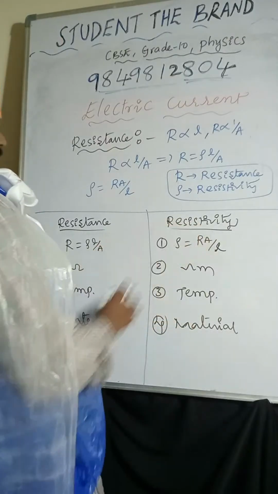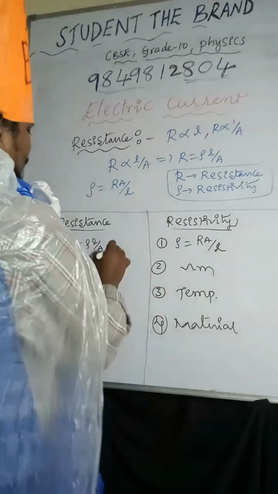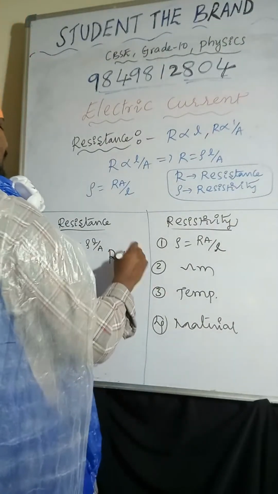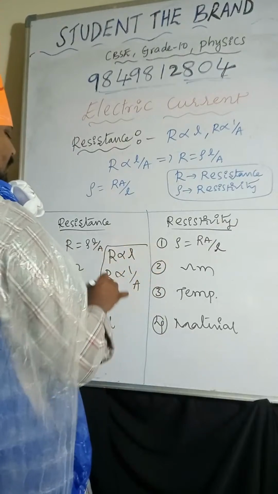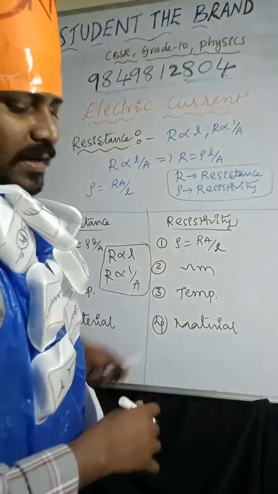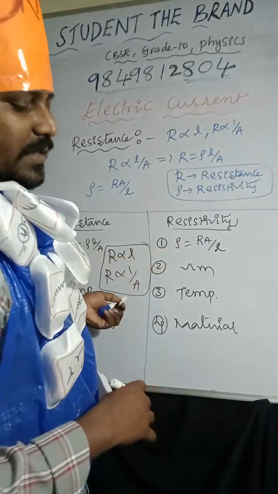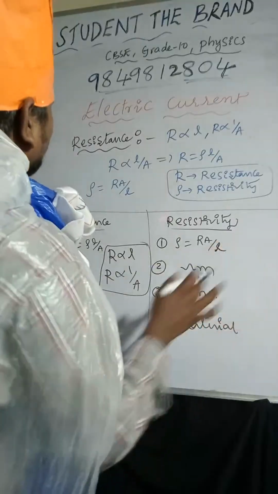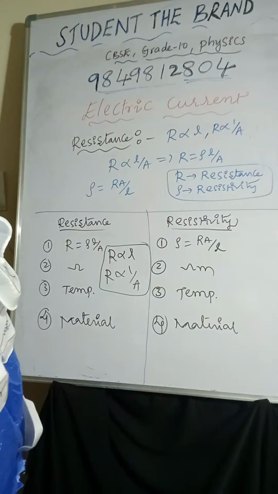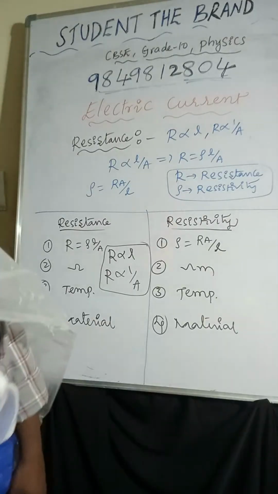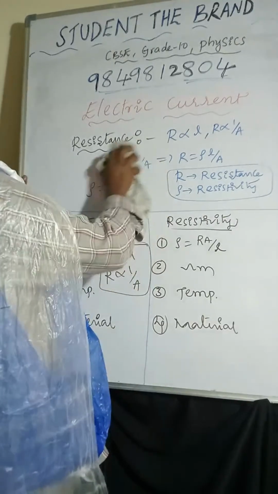So resistance also depends on length of the conductor, and resistance also depends on area of the cross section. So this is about resistance and resistivity. Okay. Now, temperature dependence of resistance.